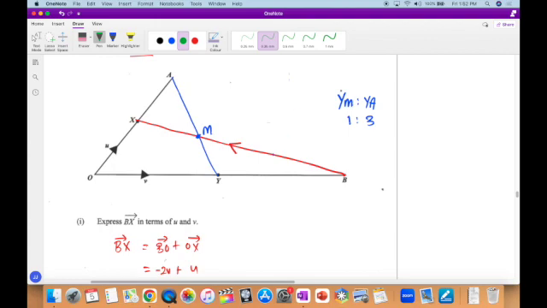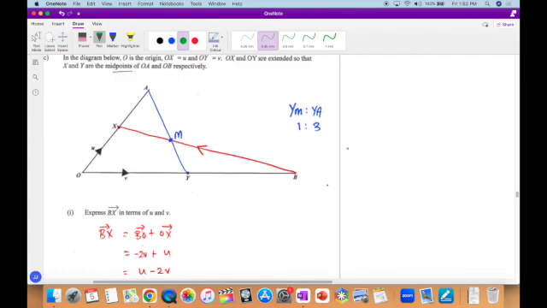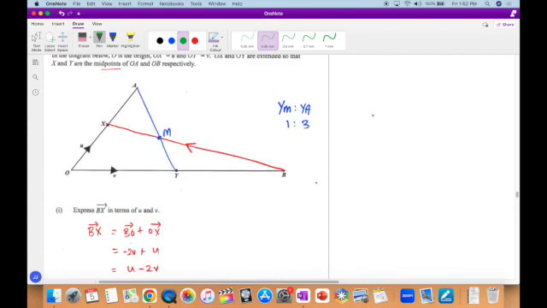So I guess we would need to find what is YM and what is YA. So YM: if I want to drive from Y to M, I could drive from Y to B and then from B to M.